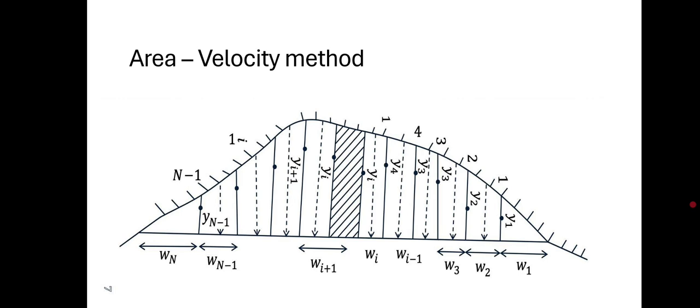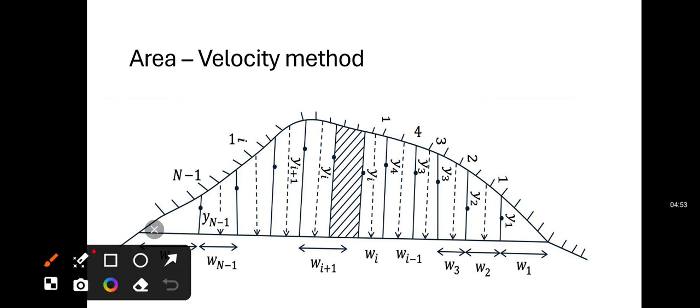Select the segment width, which is the distance between two verticals. These are some general guidelines for selecting the segment width to minimize the error in measuring the discharge.